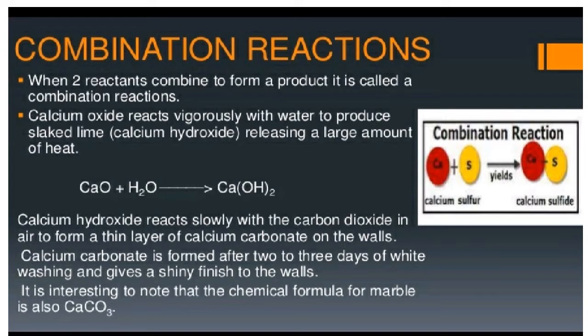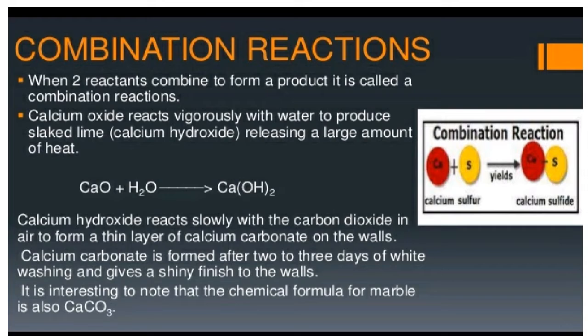First type of reaction is combination reaction. These are those reactions in which two or more elements or compounds combine together to form a single compound. Combination reaction can be between two elements, it can be between two compounds, or between an element and a compound.